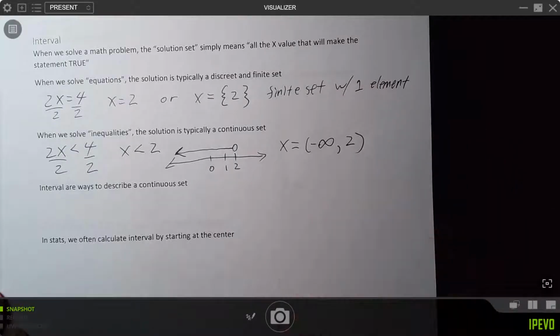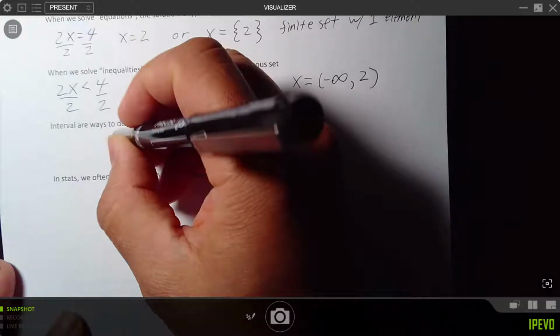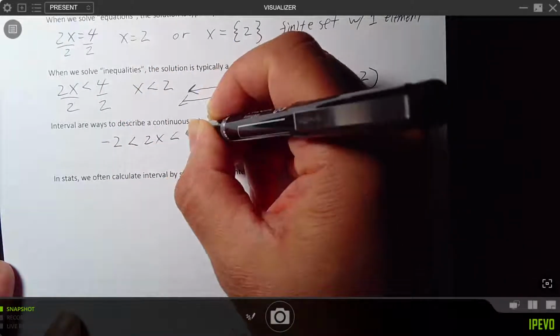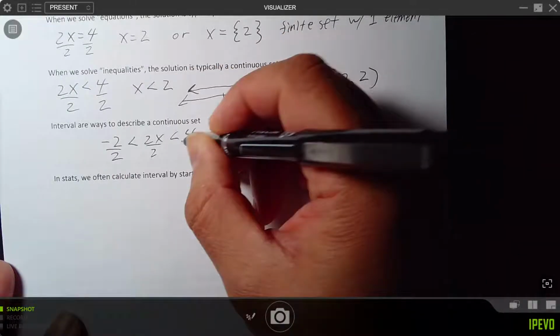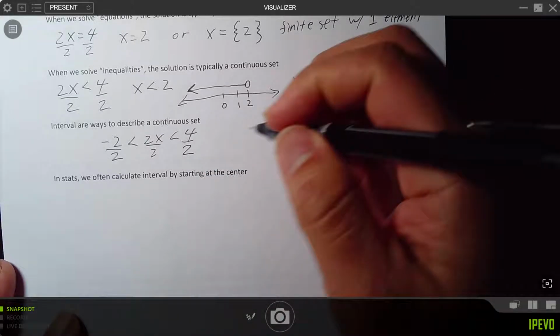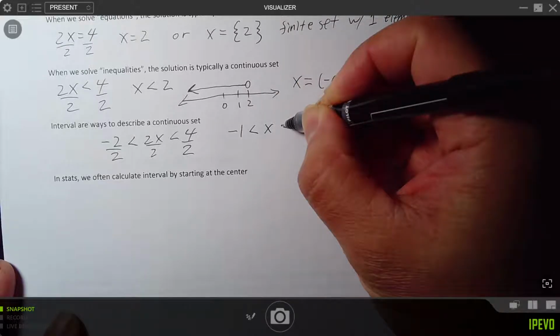For example, let me do another inequality here. Let's say I have this inequality: negative 2 less than 2x less than 4. I can solve this by dividing by 2 on all three parts, and then I get negative 1 less than x less than 2.